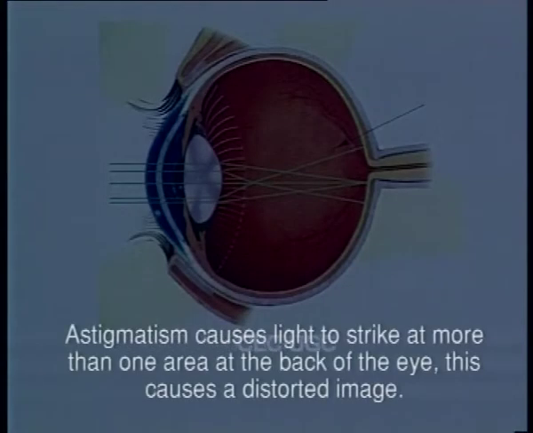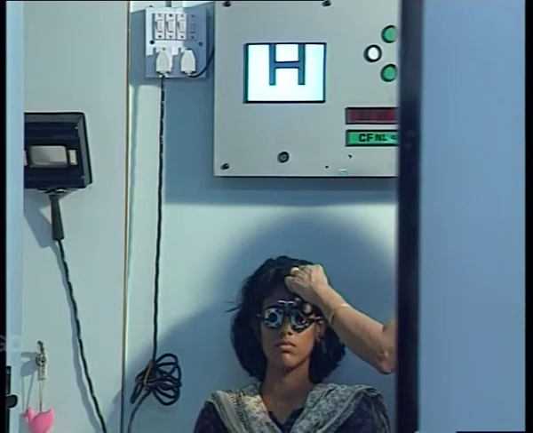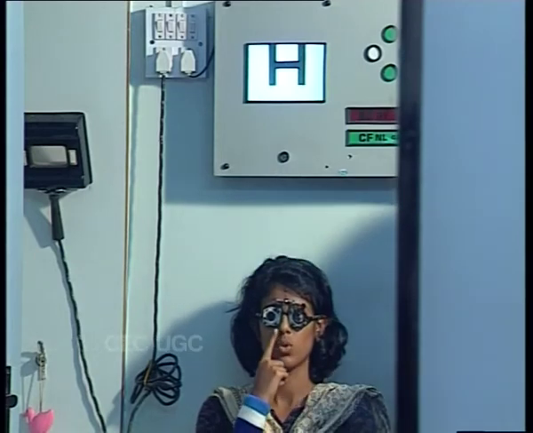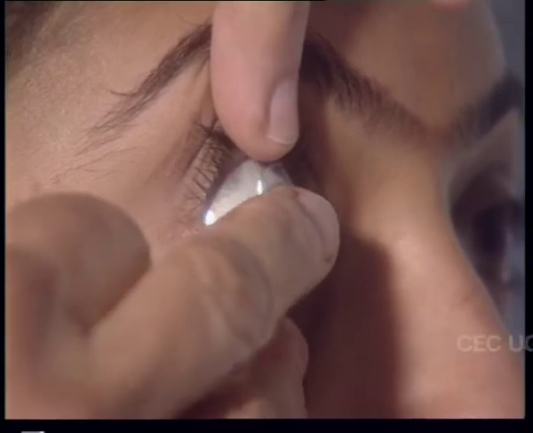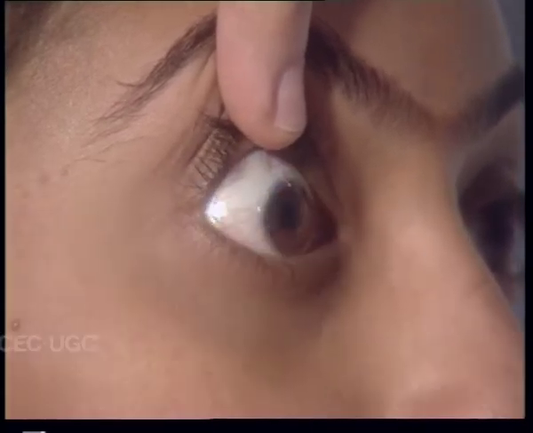If the shape of the cornea is slightly distorted and has different degrees of curvature, light does not get focused properly on the retina. This causes blurred vision. For correction of astigmatism, there are three options: glasses, contact lenses, and refractive surgery.